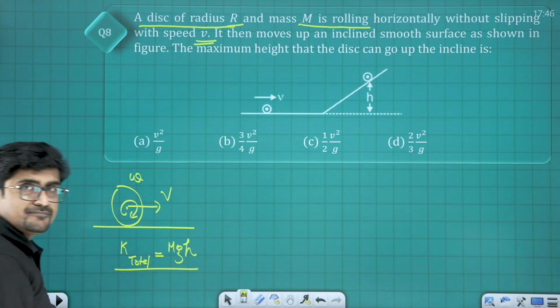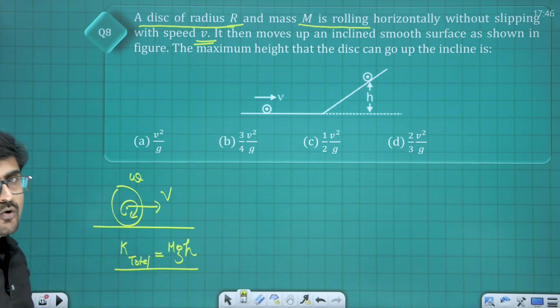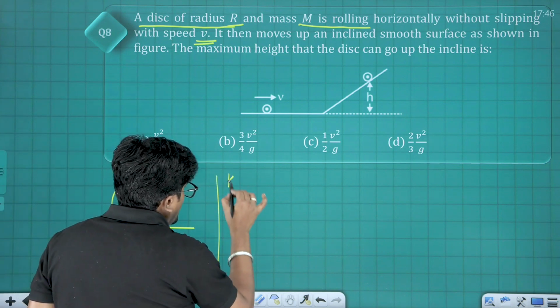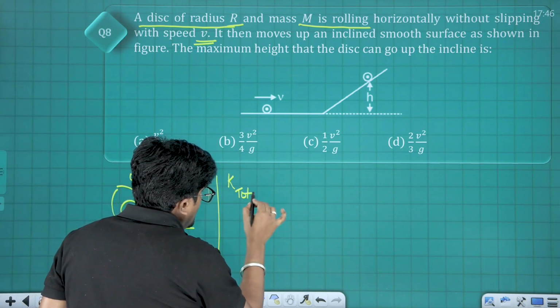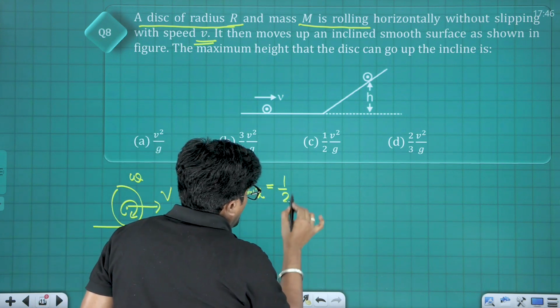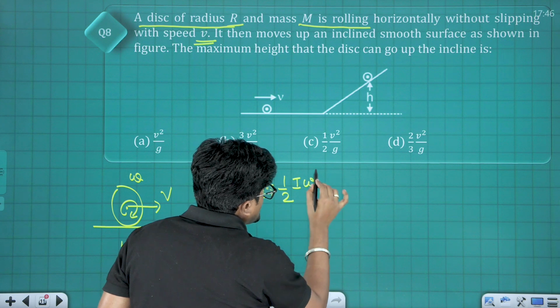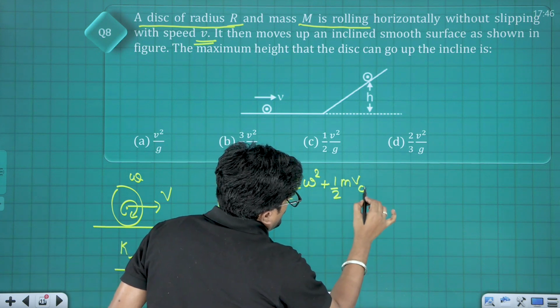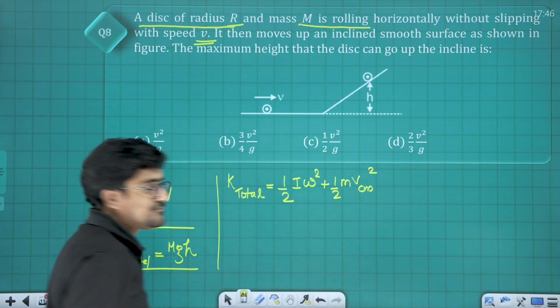This is the logic. Very, very important. Now the question is, what is the total kinetic energy here? That needs to be half I omega square plus half m V CM square.